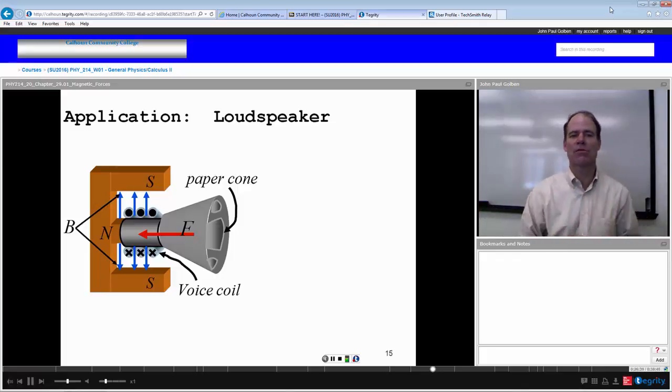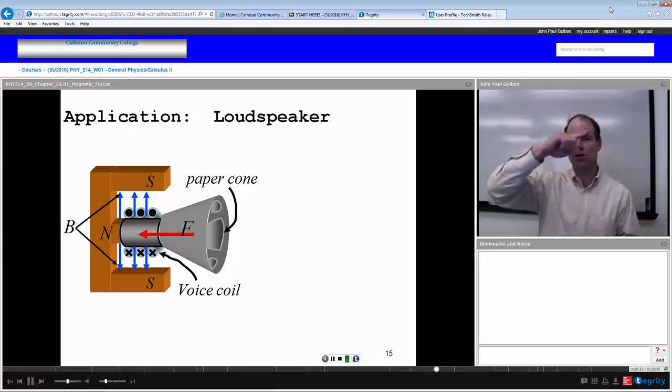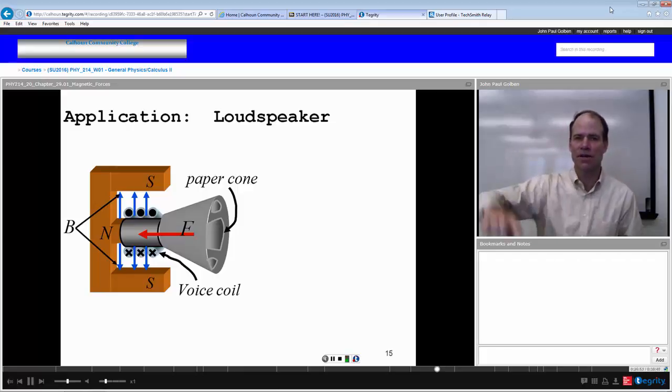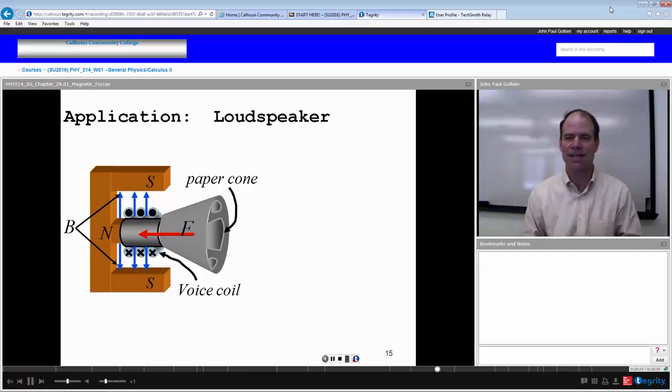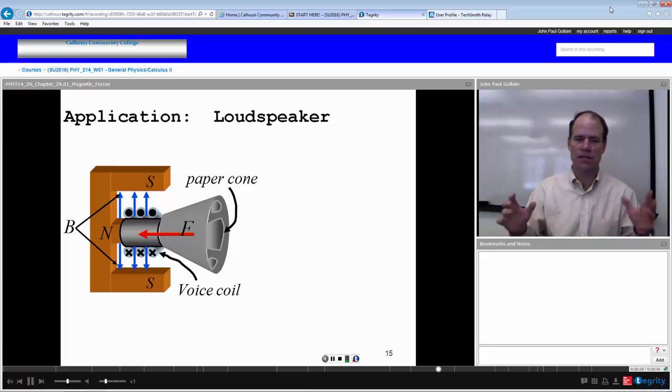So if I were to alternate this current between one direction and then the next, this cone will move back and forth. In other words, if I feed it an AC current that's alternating between positive and negative with a definite frequency, then that electrical frequency would be transferred into mechanical movement with the same frequency as the electrical signal.